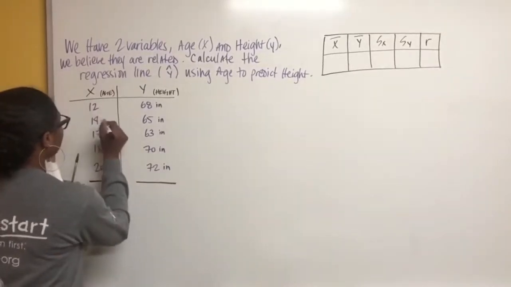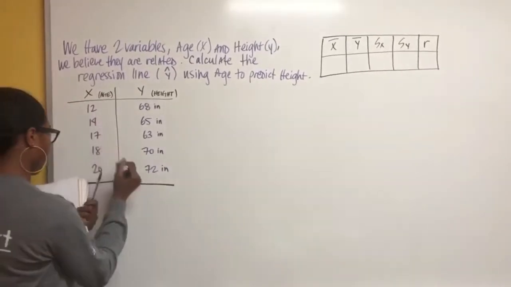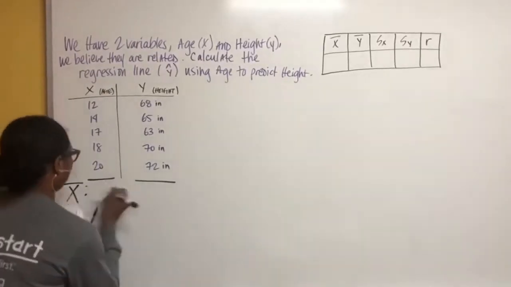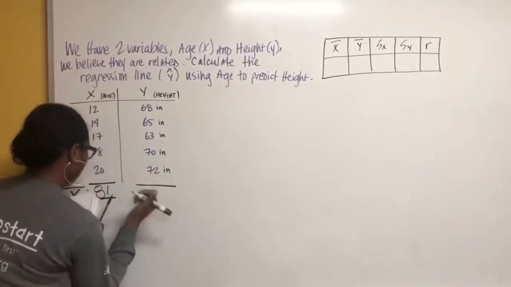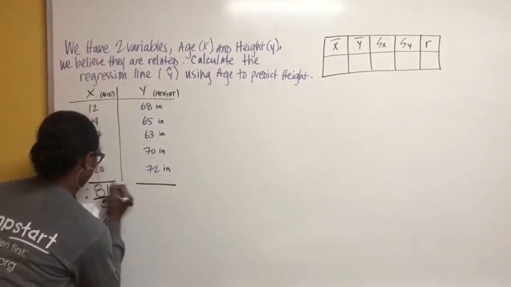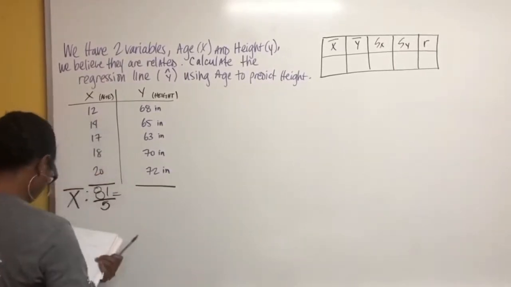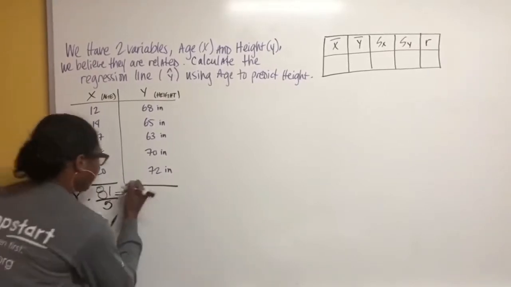So 12 plus 14 plus 17 plus 18 plus 20 equals 81 divided by our sample, which is 5, and our mean equals 16.2.